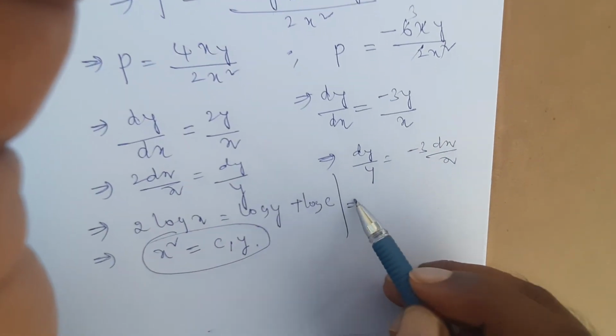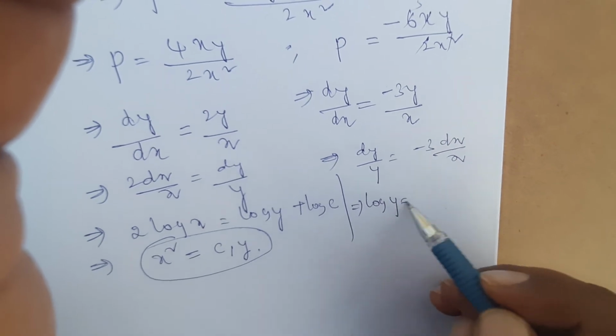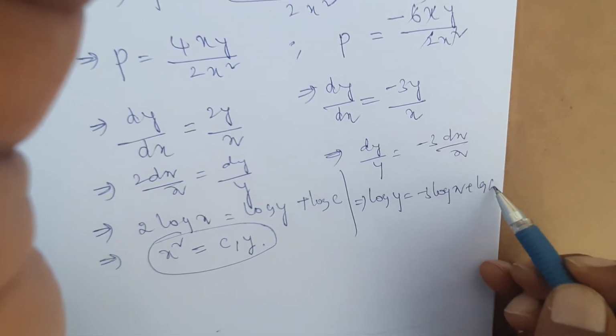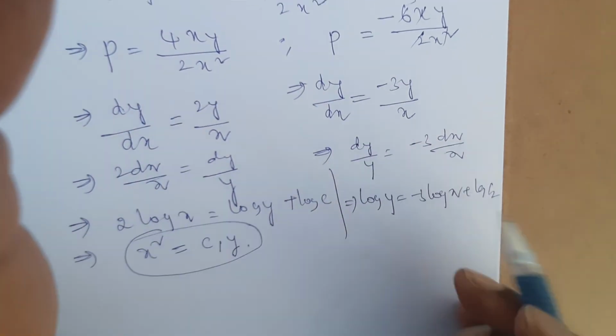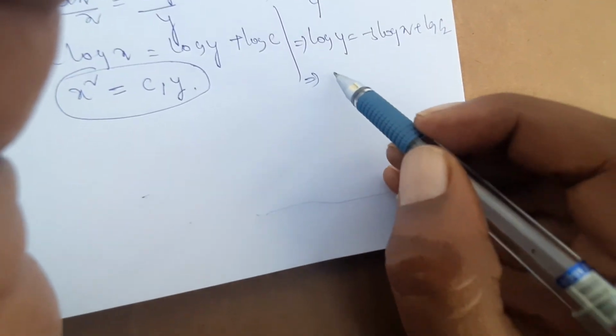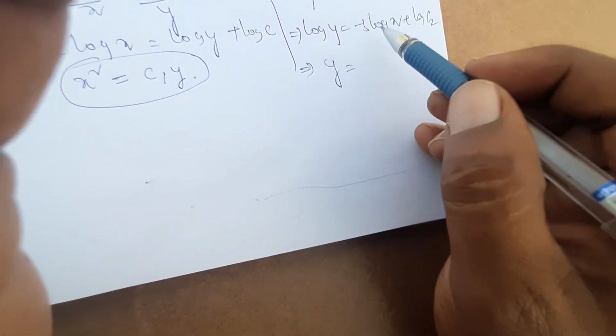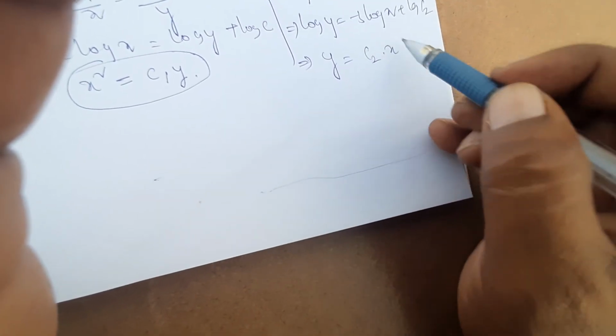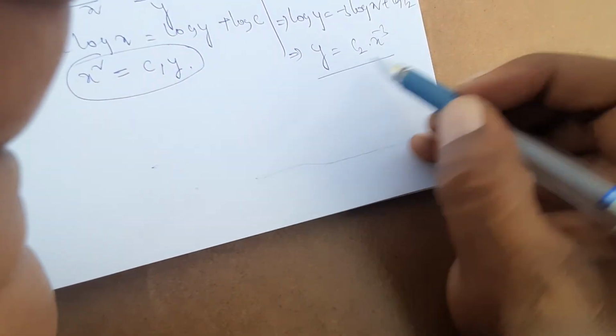Simplifying, logarithm of y is equal to minus 3 into logarithm of x plus logarithm of c2. So y is equal to c2 into x power minus 3. This is one more solution.